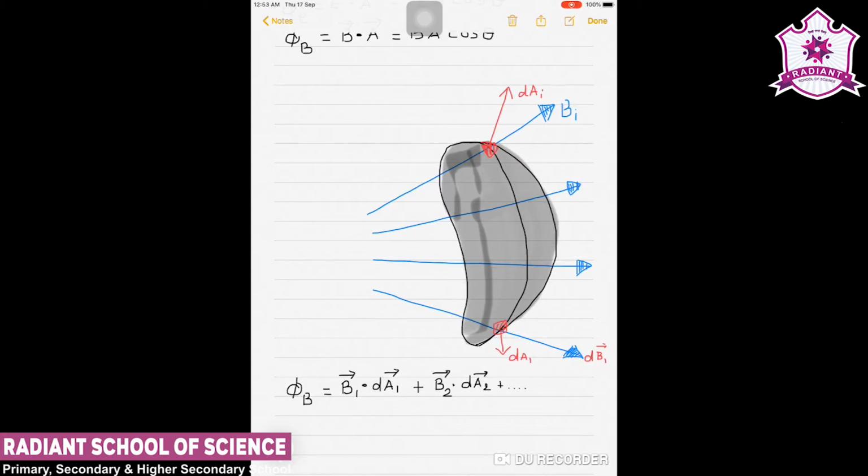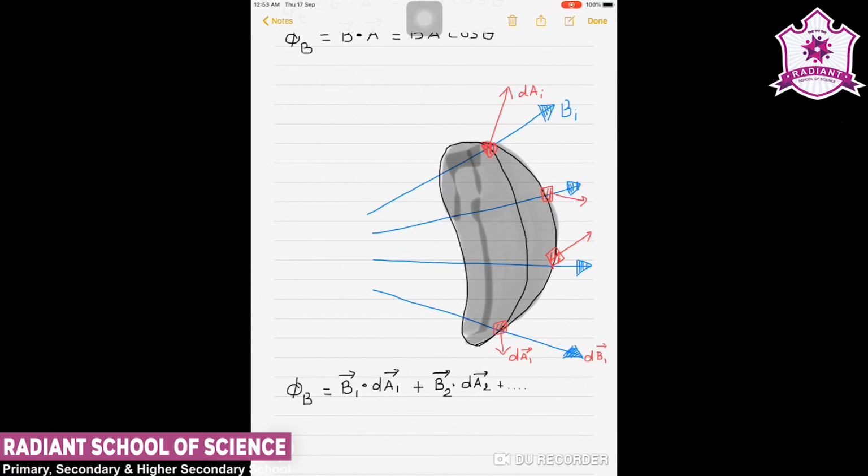Then all these segments are added; some component may be here, some at this point, and so on.